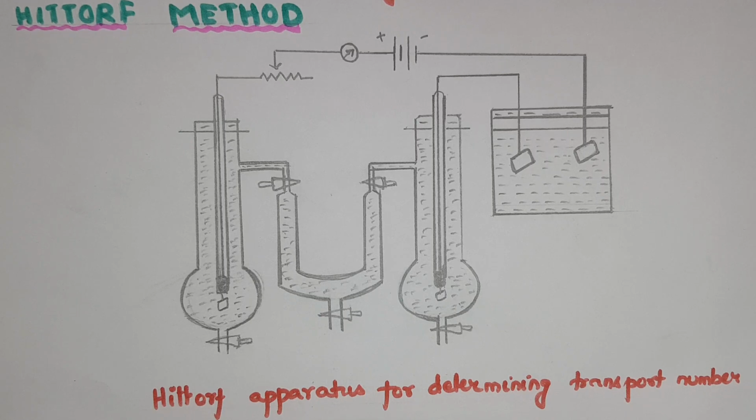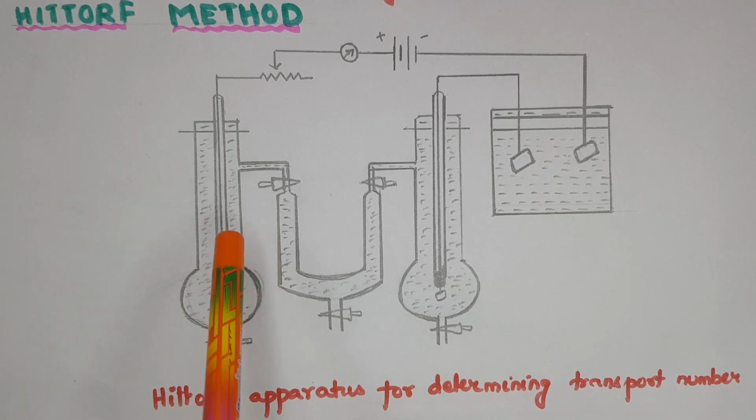Now, after electrolysis, what happens? The experimental solution from the anodic or cathodic compartment is collected into a conical flask and its concentration is determined, students.